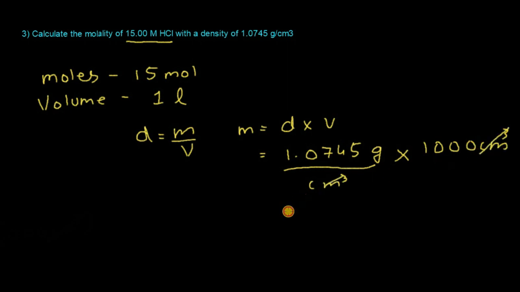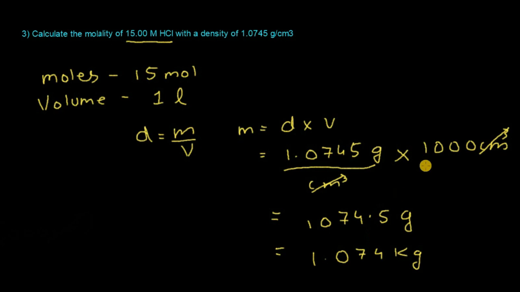So these cancel each other out. What we get is the mass of the solution is equal to 1074.5 grams. But to calculate molality, we know that it should be in kilograms, so it will be 1074.5 grams into 10 raised to minus 3. So that will be equal to 1.074 kilograms.